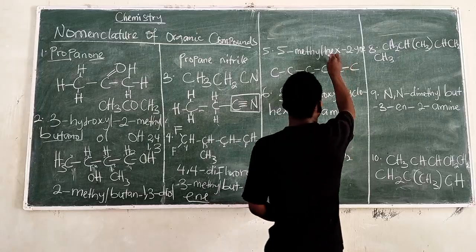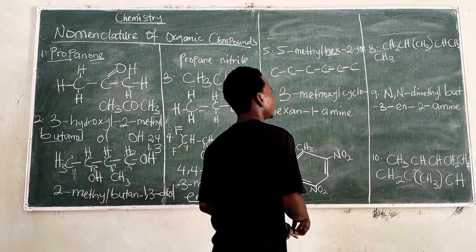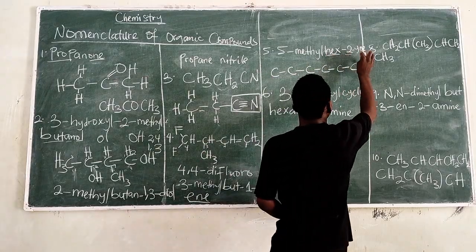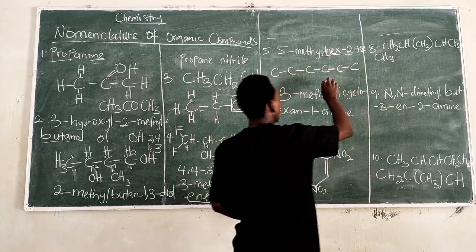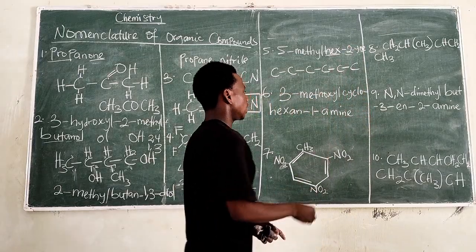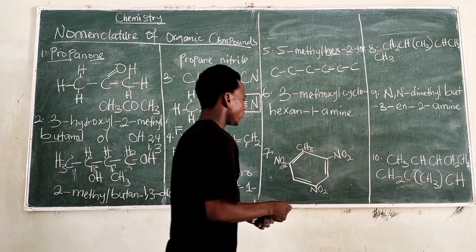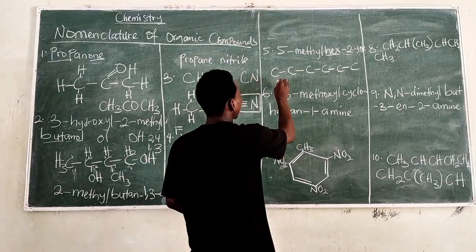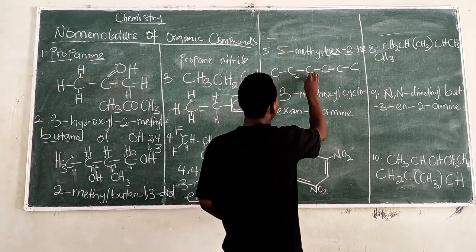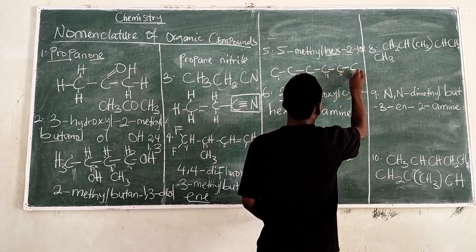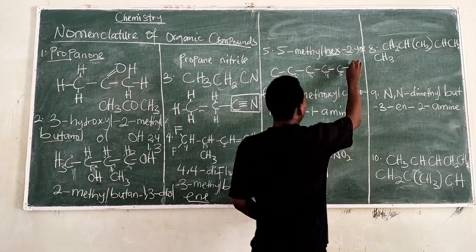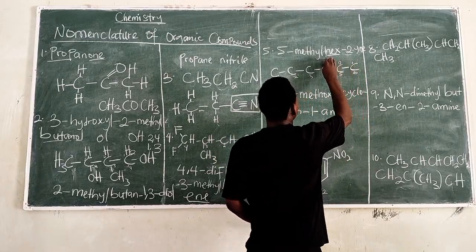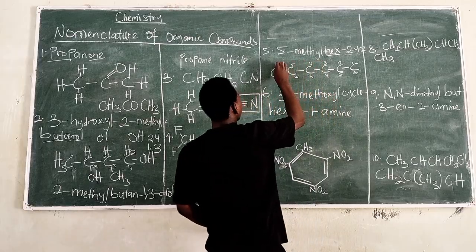So this is indicating 6 carbon atoms, and then 2 here is indicating that on position 2 we have a triple bond, the yne alkyne family. So if we are to go with the lower number, this is carbon 1, 2, 3, 4, 5, and 6. If we are going with the upper number, this is 1, 2, 3, 4, 5, and 6.